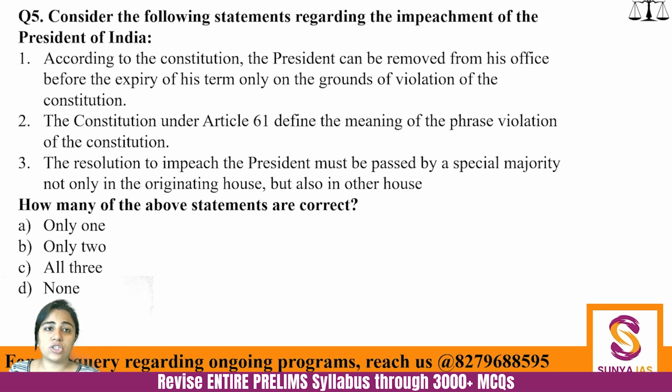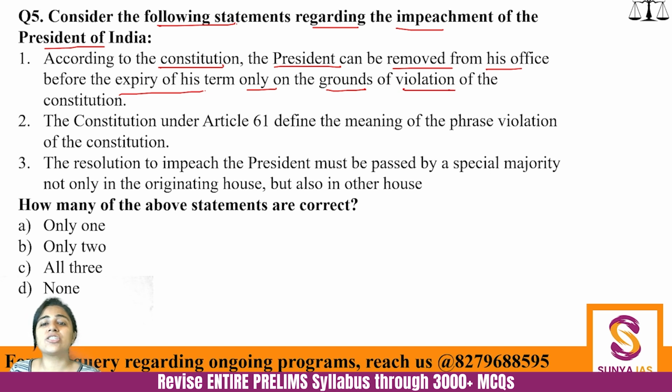Moving on to the next question. Consider the following statements regarding the impeachment of the President of India. According to the Constitution, the President can be removed from his office before the expiry of his term only on the grounds of violation of the Constitution.